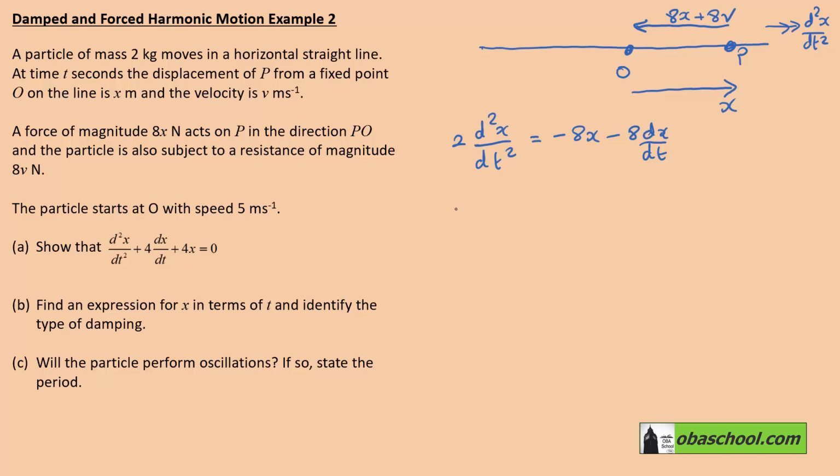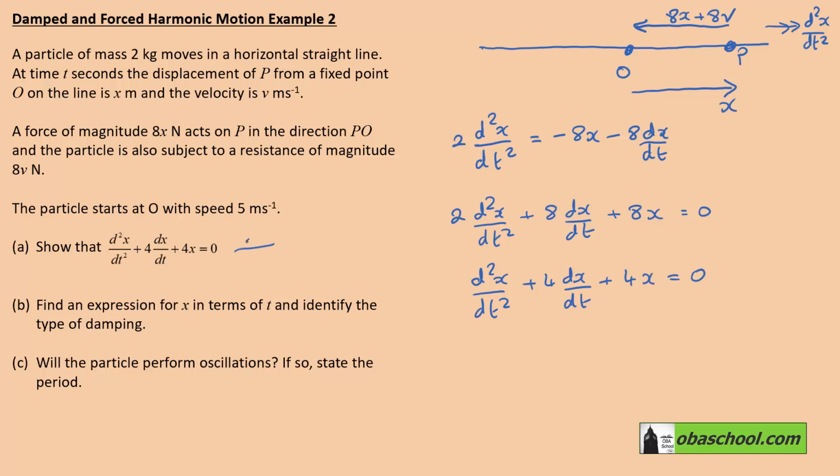So bringing everything to the left, we've got 2 d2x dt squared plus 8 dx dt plus 8x is equal to 0, which gives us d2x dt squared plus 4 dx dt plus 4x is equal to 0 as required.